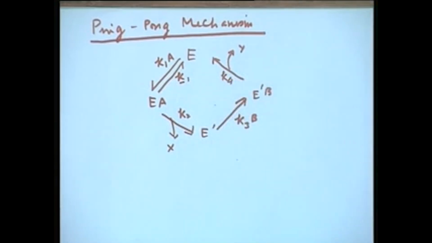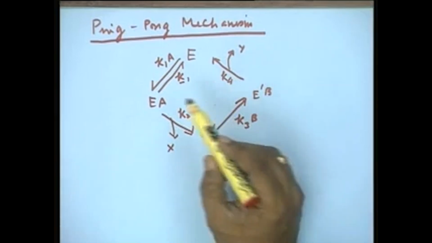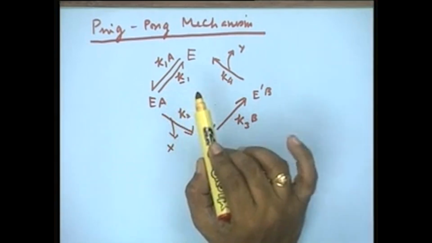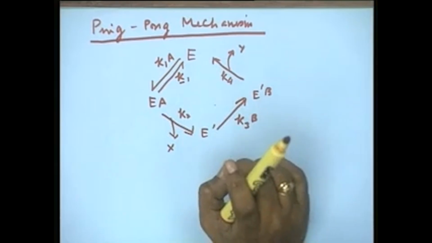So you notice that there is only one reversible step here, when the first substrate binds to the enzyme. The rest of the steps are all irreversible steps.